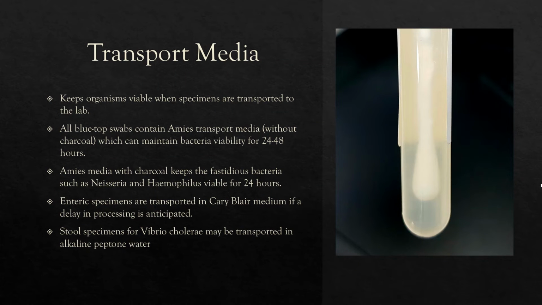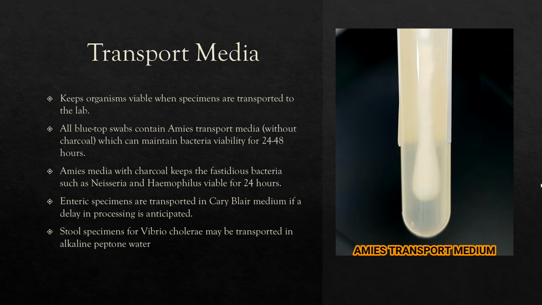The next one is transport medium. Transport medium is used to keep microorganisms viable if there is a delay in specimen processing. So one example of transport medium is Amies transport medium. If Amies transport medium is without charcoal, it maintains bacterial viability for 24 to 48 hours, and the Amies transport medium with charcoal keeps fastidious bacteria such as Neisseria and Haemophilus viable for 24 hours.